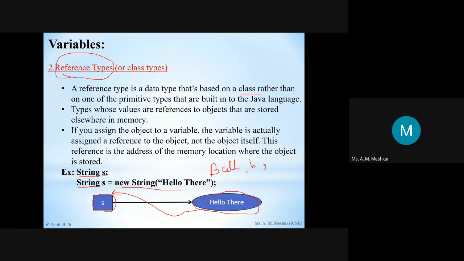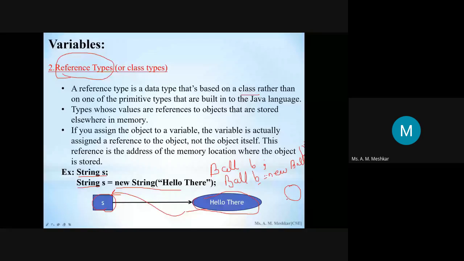But if you are writing Ball b is equals to new Ball, you are actually creating an instance. Somewhere the object's address will be referred to now by b.